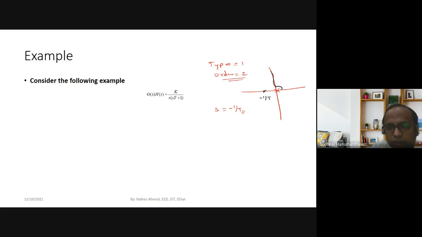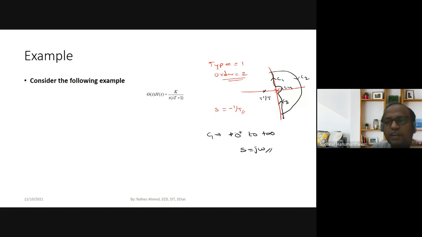I should take the second shape of the contour. First this is C1, then C2, C3, C4. What is C1? C1 is a line going from 0 plus to plus infinity. So substitute s equal to j omega.